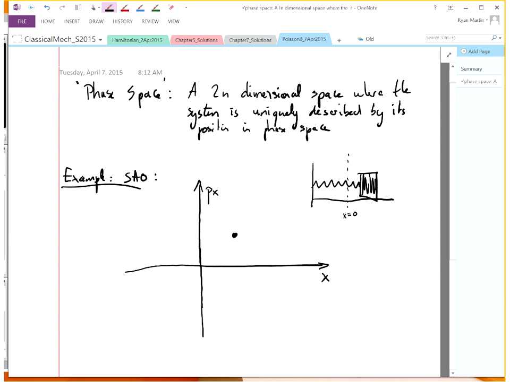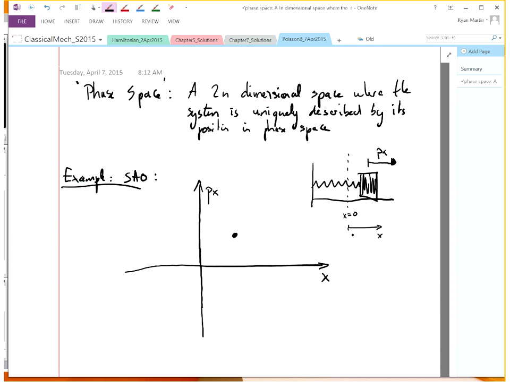And in this case, the momentum is positive. So that means that for this position in phase space, the simple harmonic oscillator has a momentum that's positive. So this is the x-axis here. It has a positive momentum, so it's actually on the way away from equilibrium.